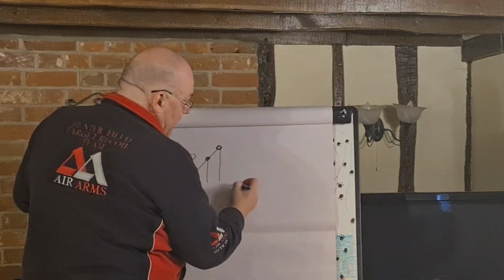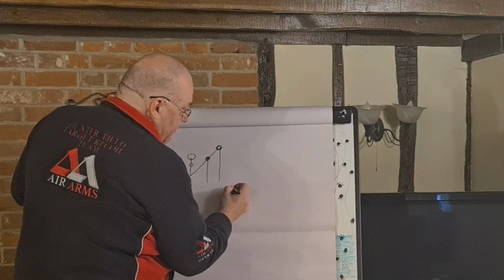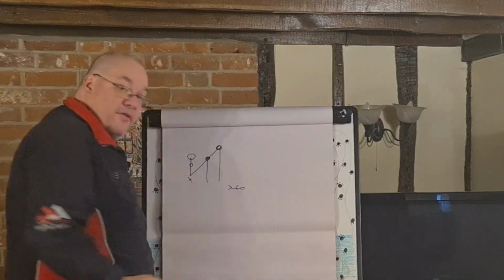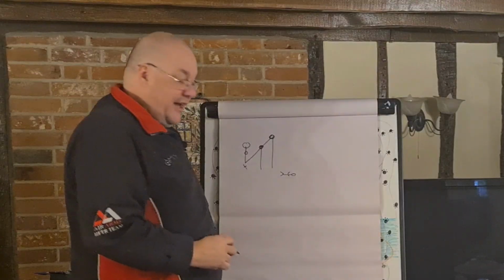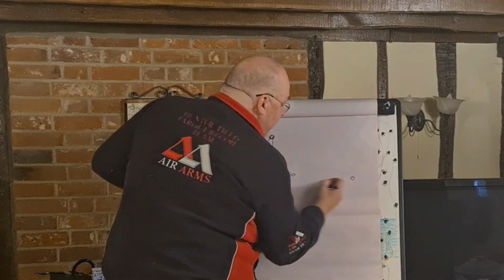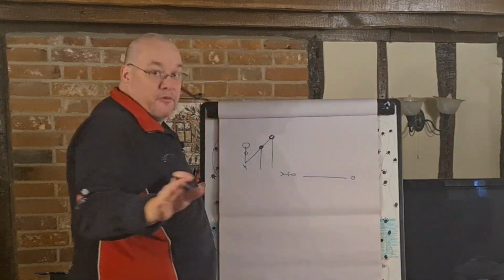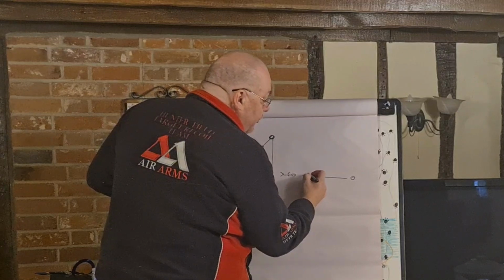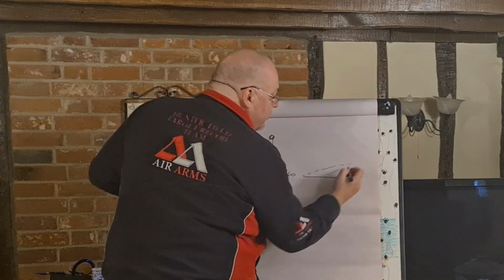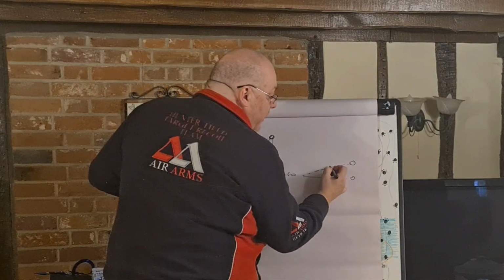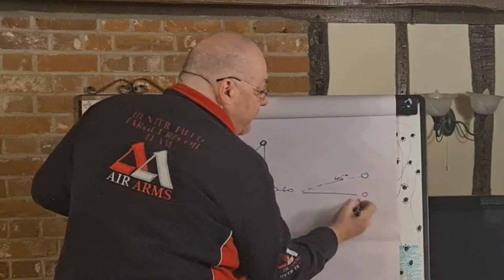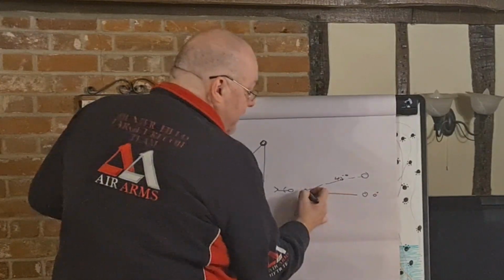Right, so you are laying here. Wouldn't believe I've got an O level in art. Yeah, I didn't. And there's your target, and you're shooting there. That's absolutely fine. If you're now shooting in that direction, and that is under 45 degrees, that's your 0 degree.